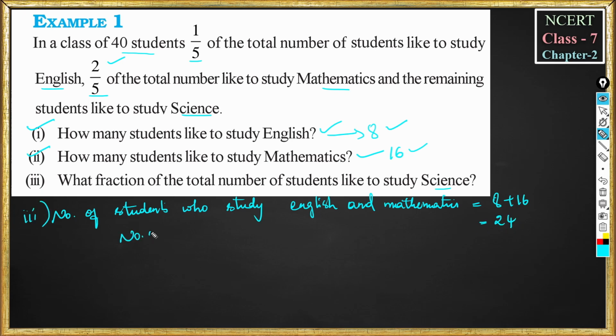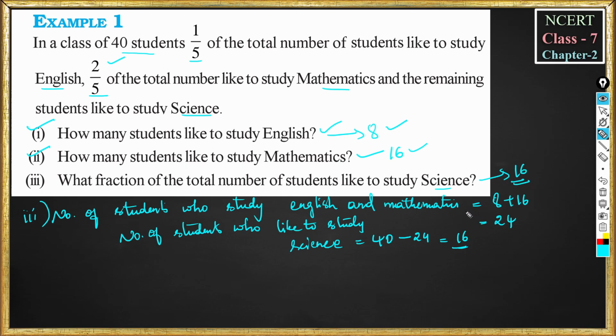So, the number of students who like to study science is what? The total number of students, that is 40 minus 24, which is equal to 16. So 16 students like to study science.